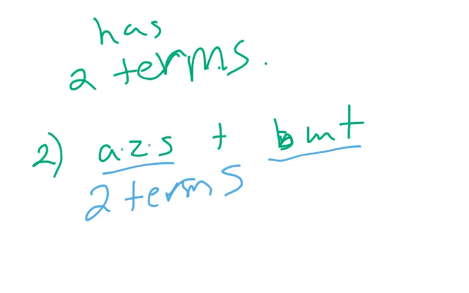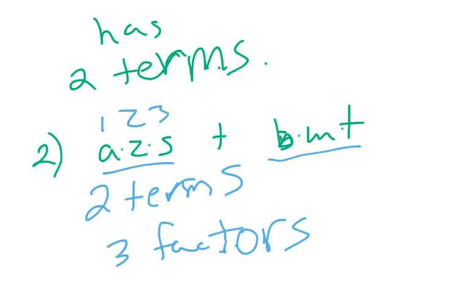And each of those are variables, and each of these are variables. When you have variables next to each other like that, that means you're multiplying. So each of those two terms has three factors. Two terms, and each one has three factors.